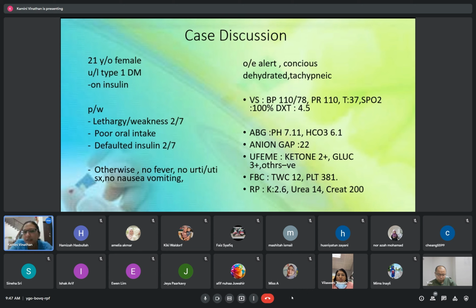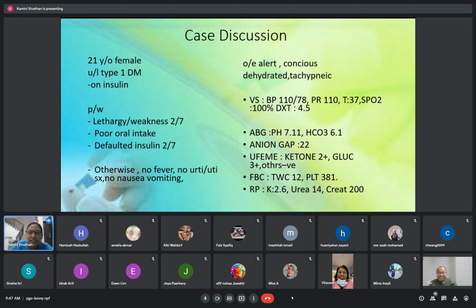This is a case discussion I took from the internet. This patient's diagnosis is... Anyone want to try? Because the title is Euglycaemic DKA, my diagnosis is Euglycaemic DKA.